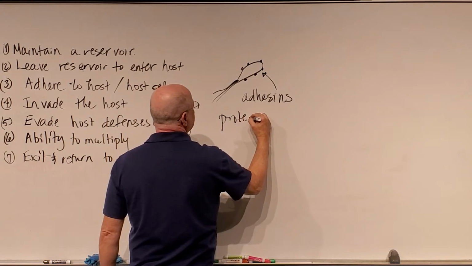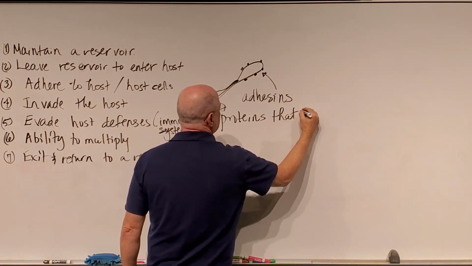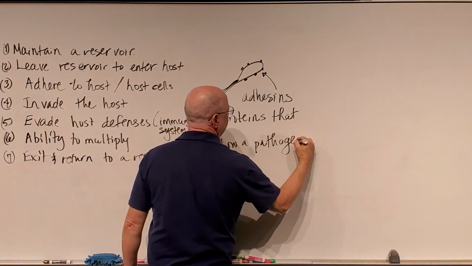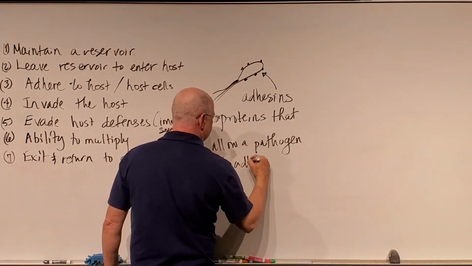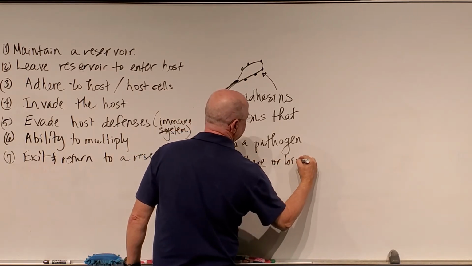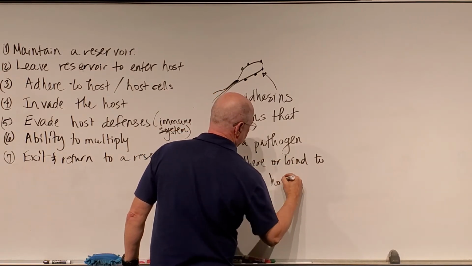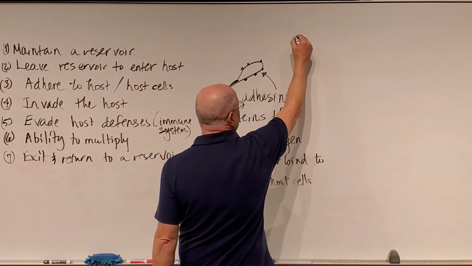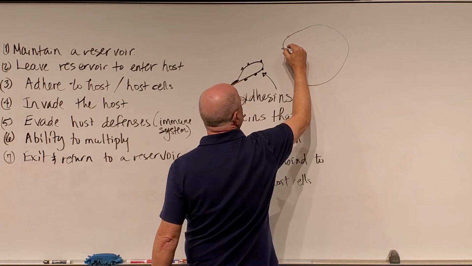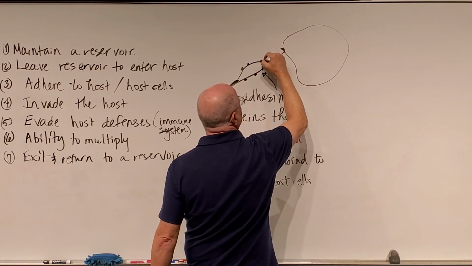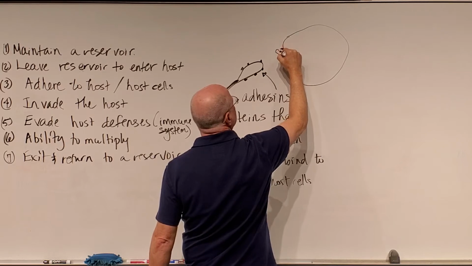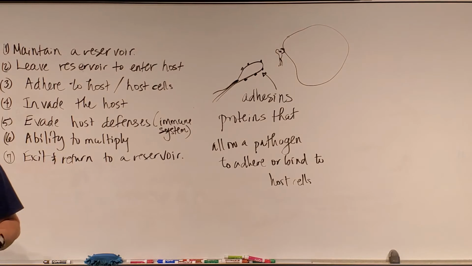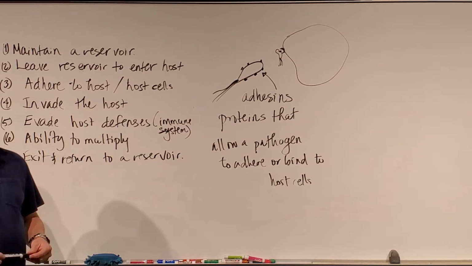Adhesins are proteins that allow a pathogen, and only certain pathogens have them, to adhere or bind to host cells. So in some instances, a host cell might have a protein on its membrane that allows this microbe to adhere to it and stick to the cell. So we call these adhesins, simply proteins that can bind to specific receptors on host cells.